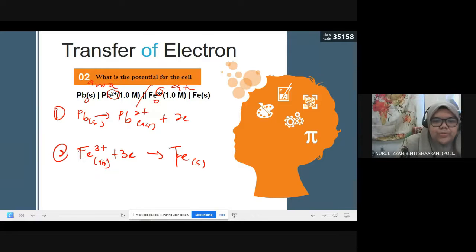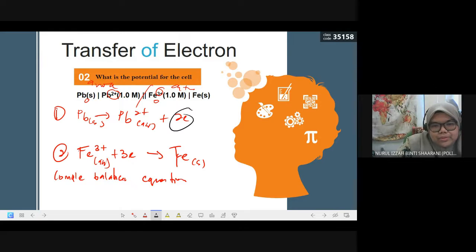But when you want to do a complete balance equation, you have to take a look. Awak kena tengok yang ni, sebabnya dekat sini, as you can see, Pb is going to release 2 electron, but iron 3+ is going to gain 3 electron. So dia tak sama dekat sini.